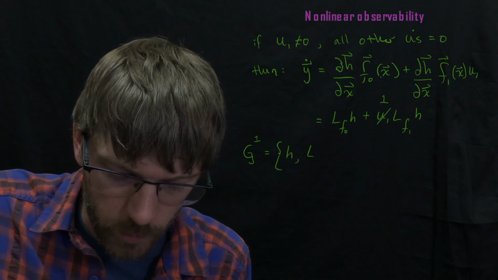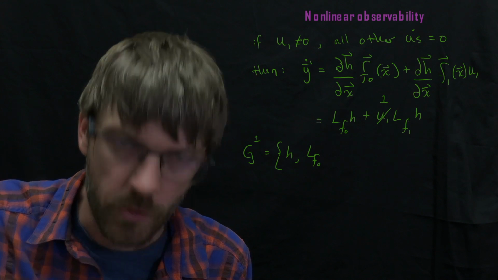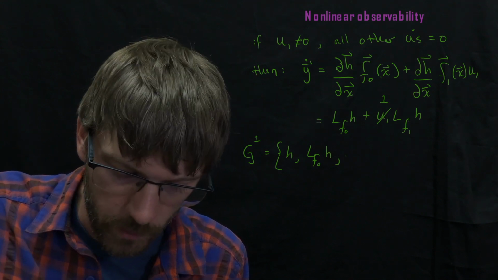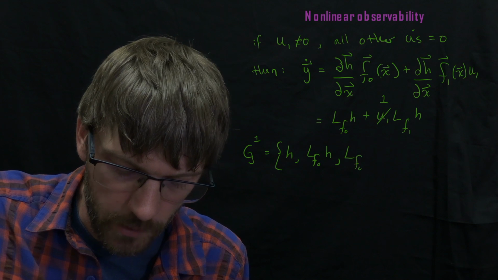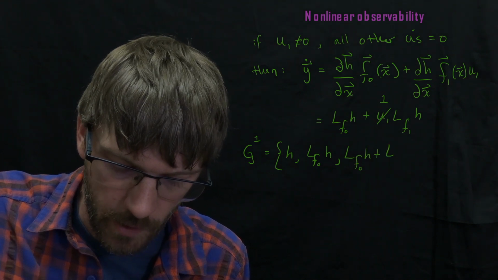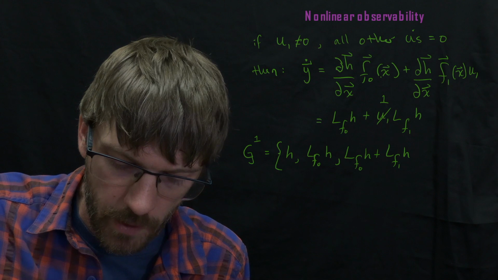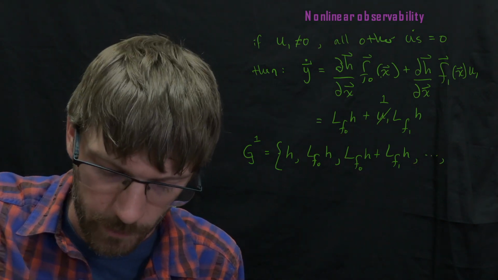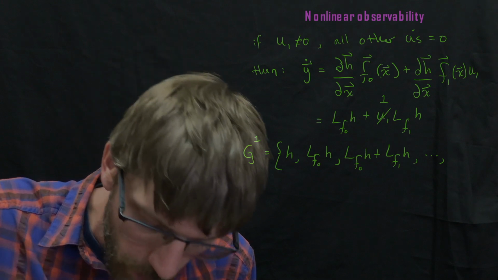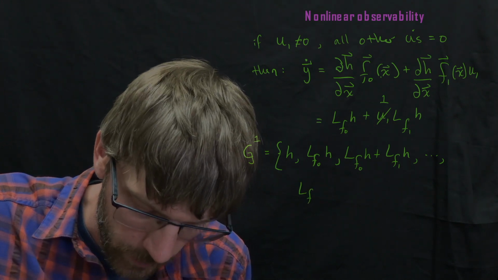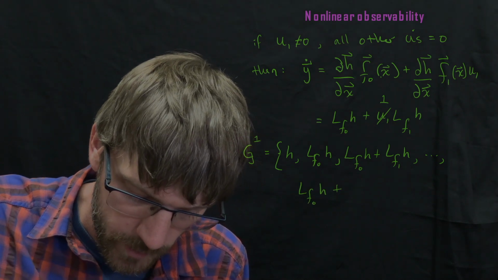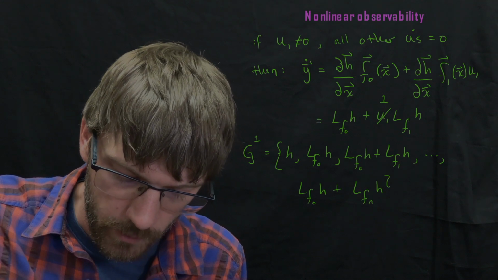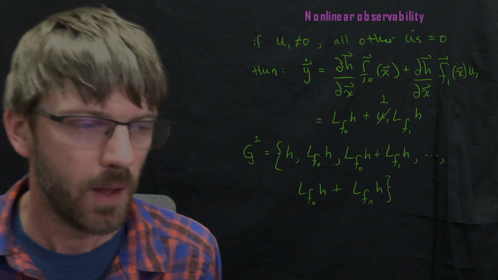We have our first one that we talked about, just the drift dynamics, so all the controls are off. Then we have this one that we just went over, L_f0 h plus L_f1 h. And then you'd have this for all of the control inputs that are available. So we would have L_f0 h plus L_fn h and so on, up to that.